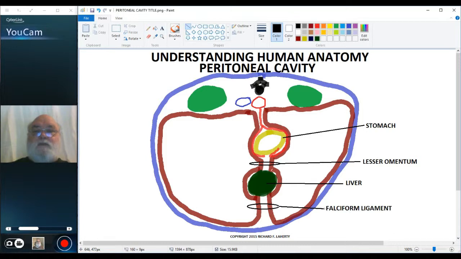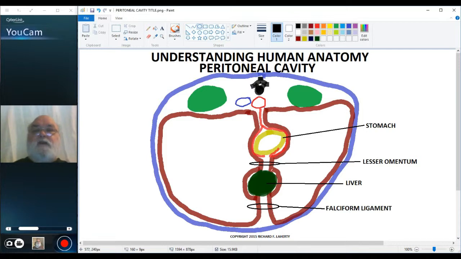So the liver, beginning to develop, divides the ventral mesentery into lesser omentum and falciform ligament, and we now lose the structure we call the ventral mesentery because it's divided into two.